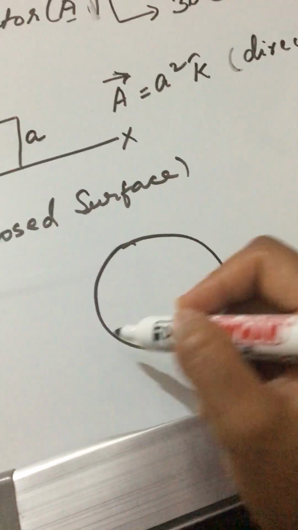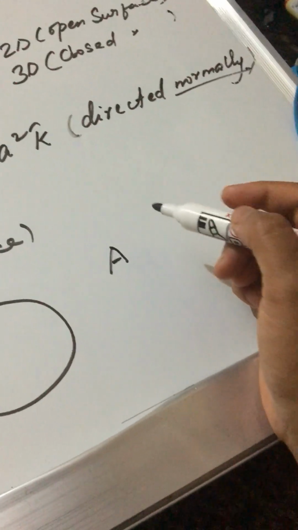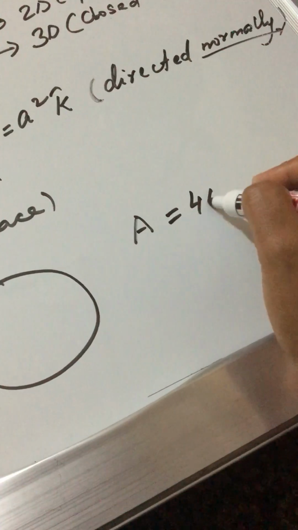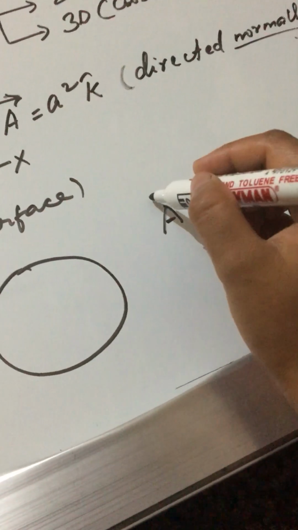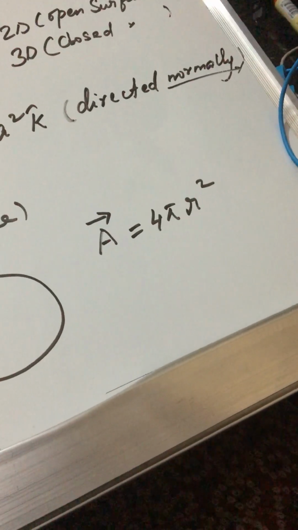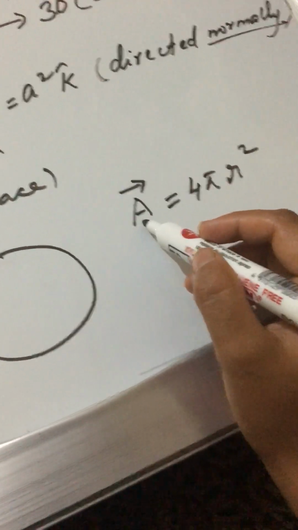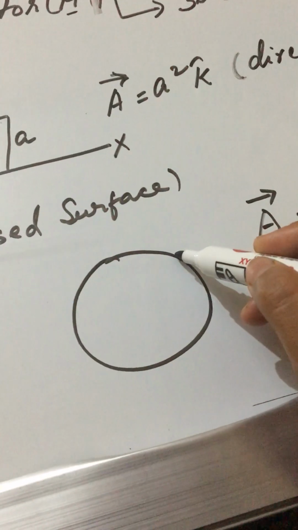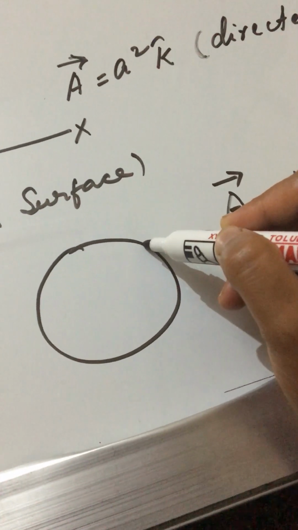If it is a sphere, the formula for its area is 4 pi r square, where r is the radius. If it is an area vector, what would be its direction? The area vector should be 90 degrees to the surface.